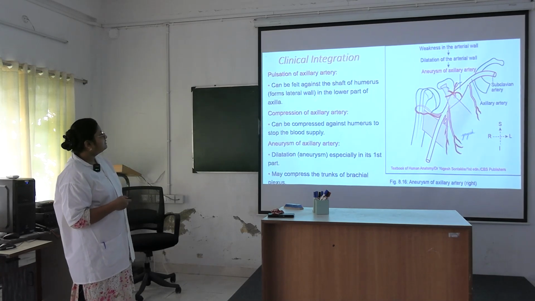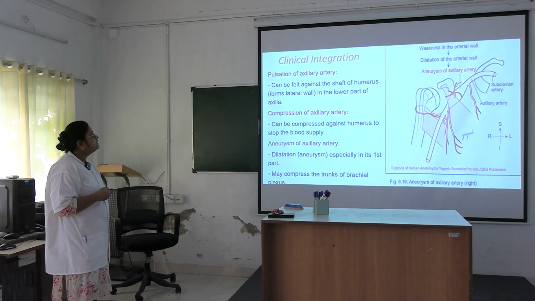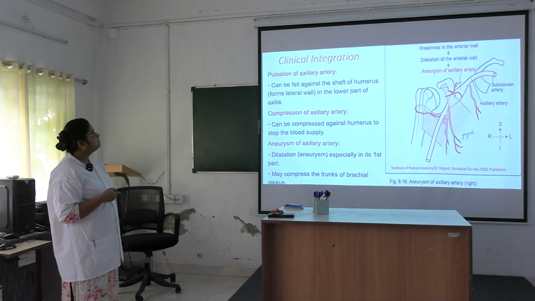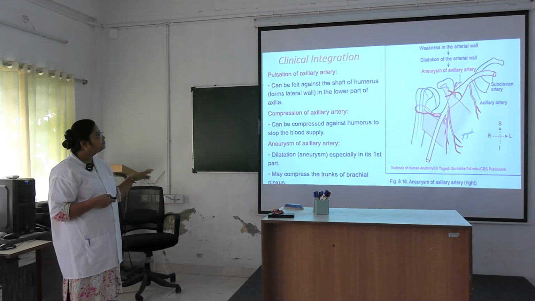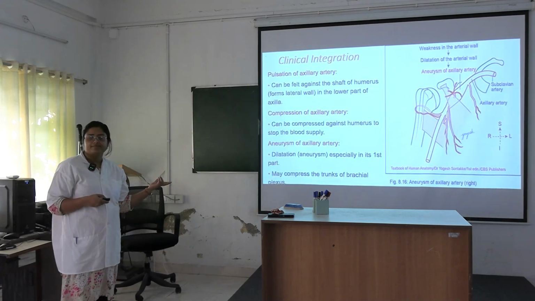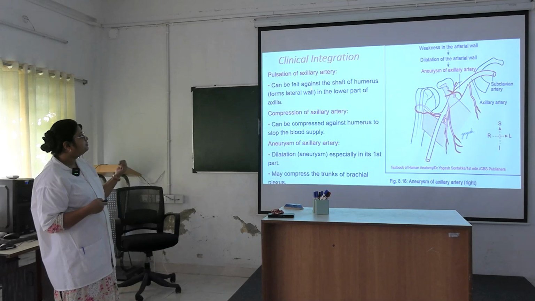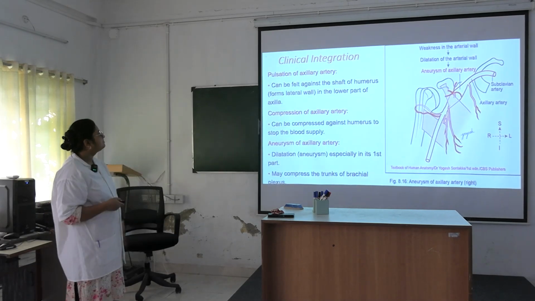Okay, so these are the clinical aspects of the axillary artery. It can be felt against the shaft of humerus, which forms the lateral wall in the lower part of the axilla. Okay, here one point you have to put, axillary artery comes in your surface marking. So one point you have to put where the pulsation is located in the axilla.